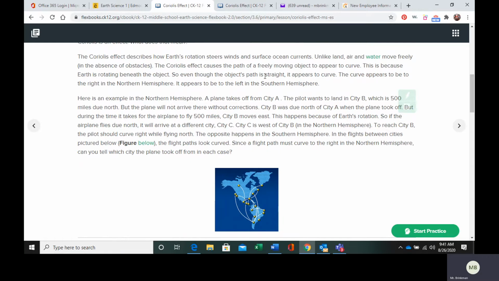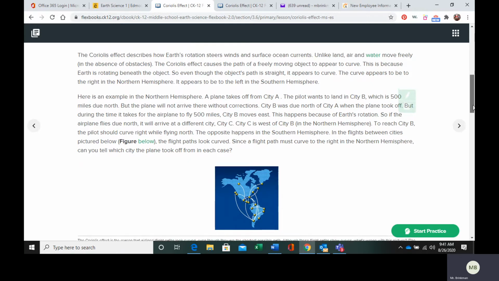So even though the object is going in a straight path, it's going to look like it's curving. In the northern hemisphere, it is going to curve to the right. In the southern hemisphere, it is going to curve to the left.